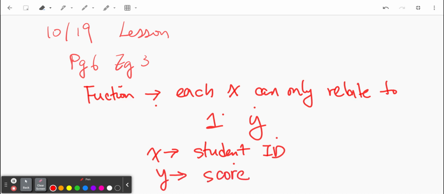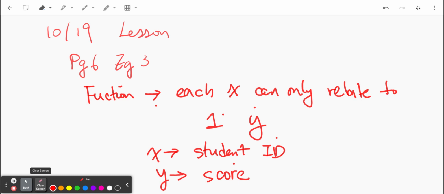Okay? So each ID can have only one score or several scores? One score. So each x can only relate to one y. So is this a function or not a function? It is a function. So when you have the x only assigned to one y, it's a function. Okay? Make sense? Yeah. All right, part B.